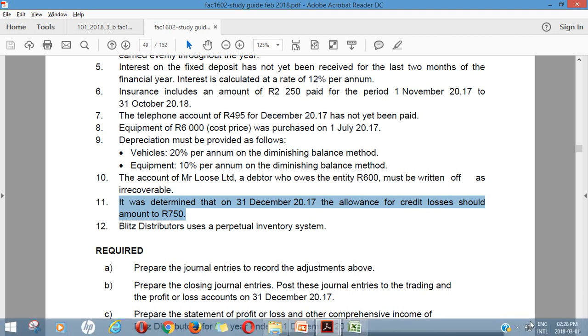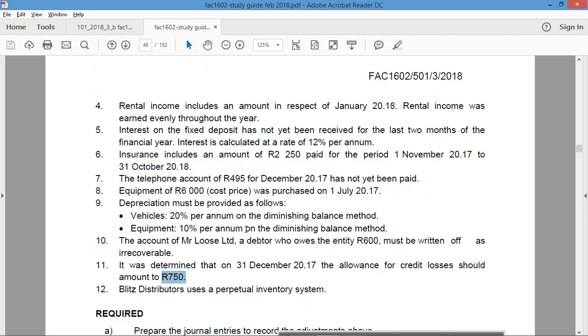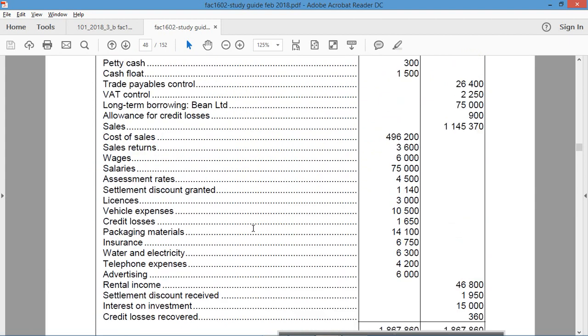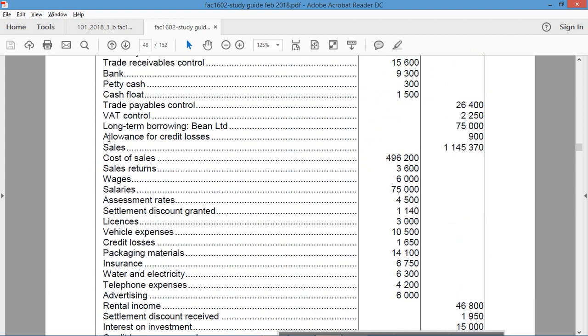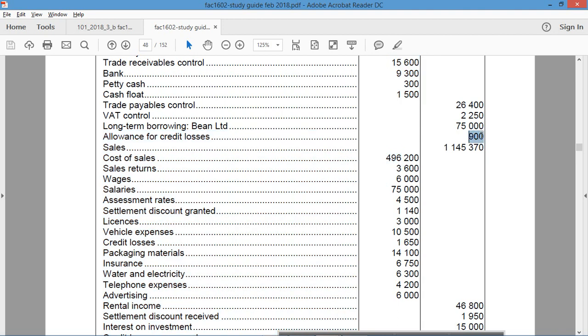Right, so the current allowance was how much? There's the current allowance. 900.